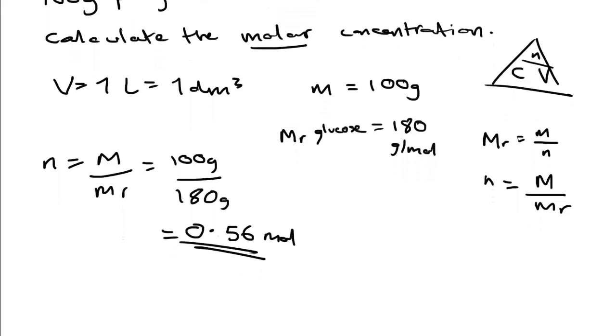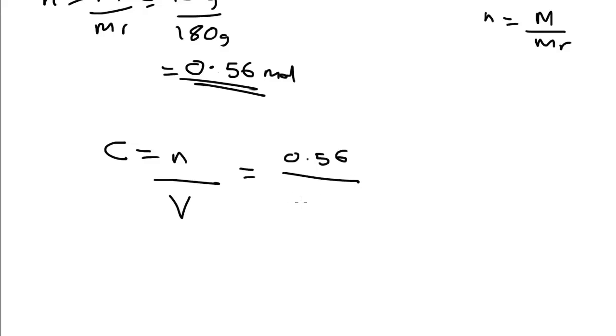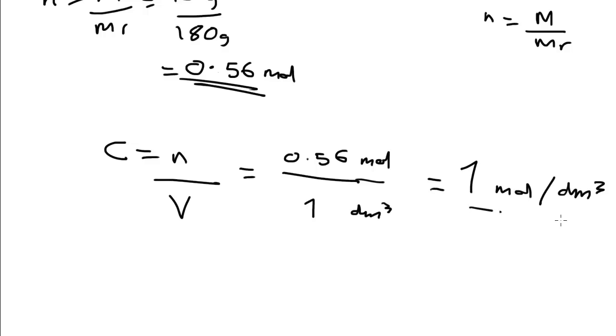I know the volume is 1 liter, so the concentration equals the number of moles divided by the volume. So 0.56 moles divided by 1 decimeter cubed gives me 1 mole per decimeter cubed. Now there's your answer, 1 mole per decimeter cubed.